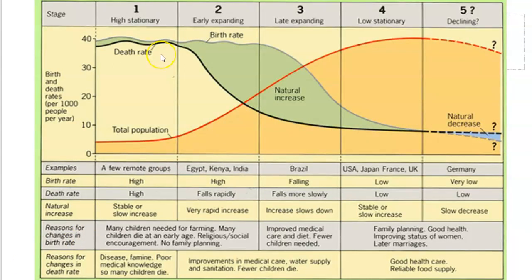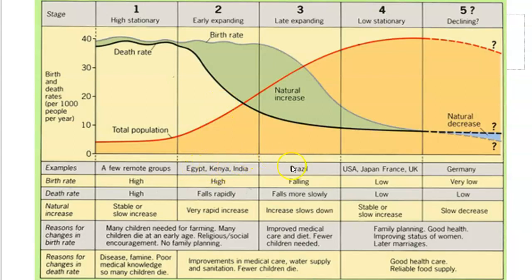Now, even though no country is in stage 1, there might be some very remote areas in specific countries where stage 1 might be more the identifier. When we get into stage 2, that would include countries like Egypt, Kenya.